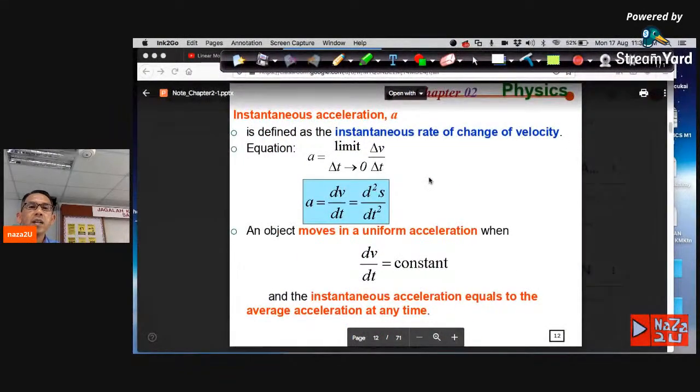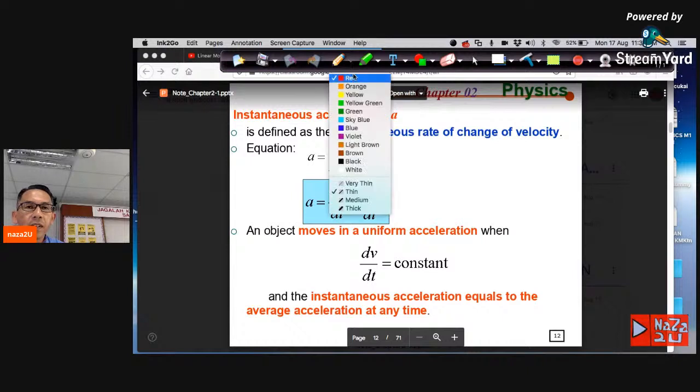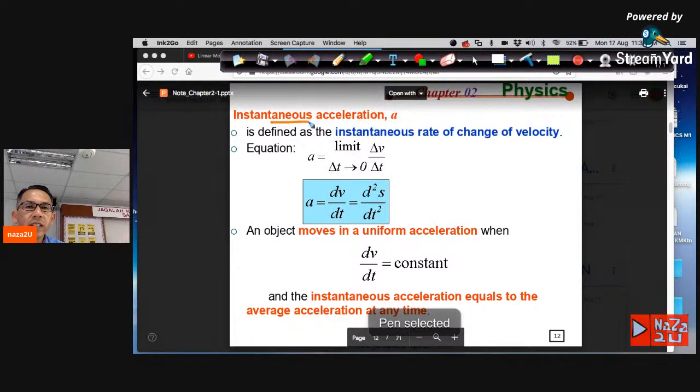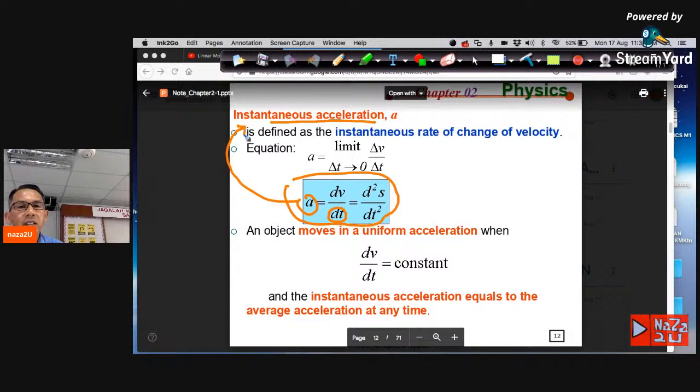The same as for the velocity, we also have instantaneous acceleration. Instantaneous acceleration is focused on the equation dv dt at a certain time t. What is the acceleration at a certain time t? So this is the instantaneous acceleration.